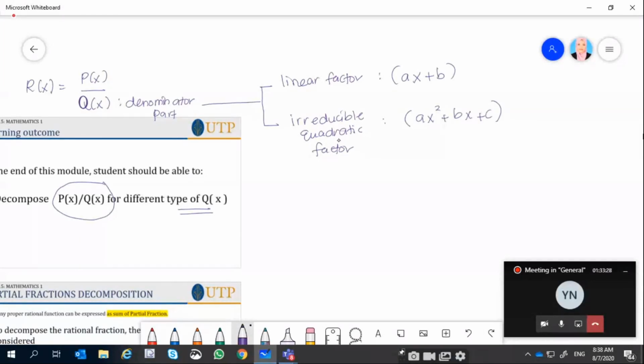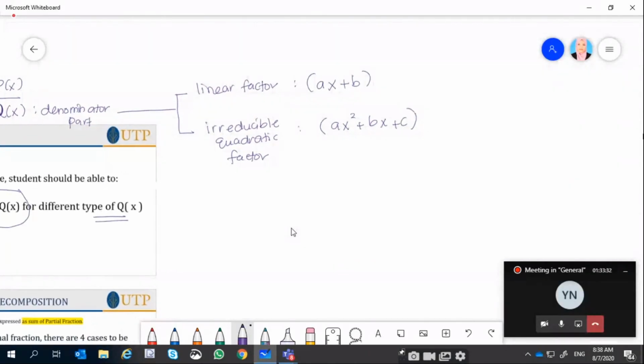So basically, anything that has more than one root? For irreducible quadratic factor, that means x can be multiple numbers? No. For an irreducible quadratic factor, you cannot reduce this expression anymore. You cannot reduce it to x to the power of 1.